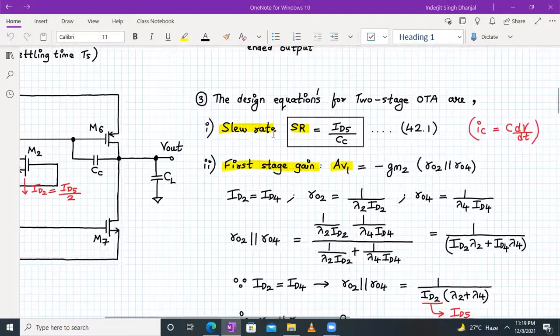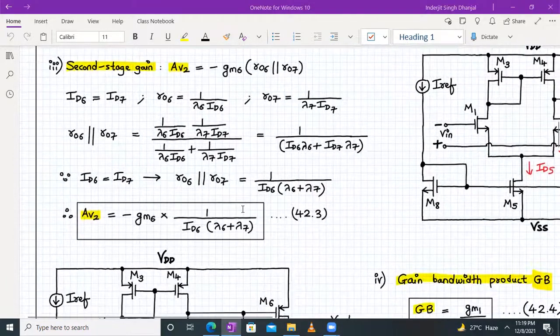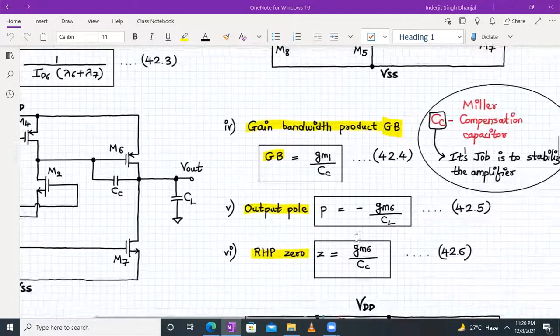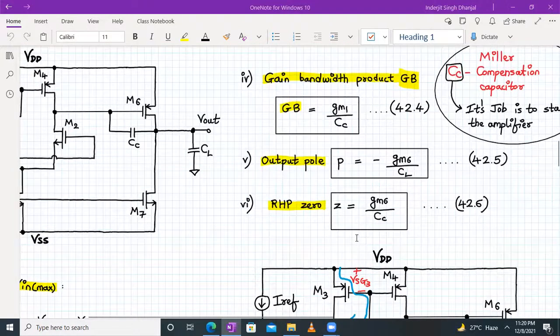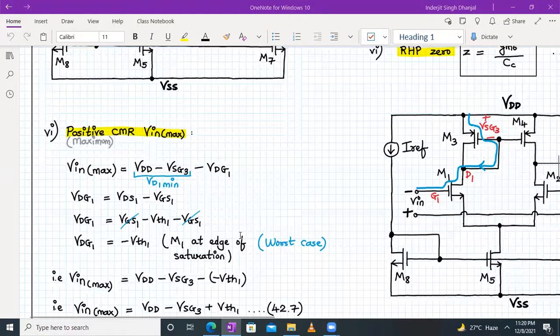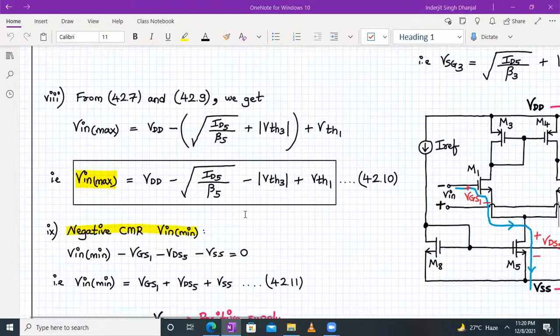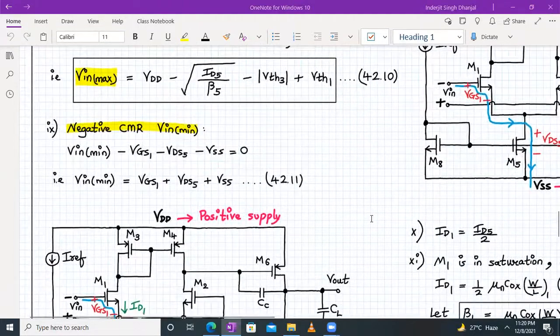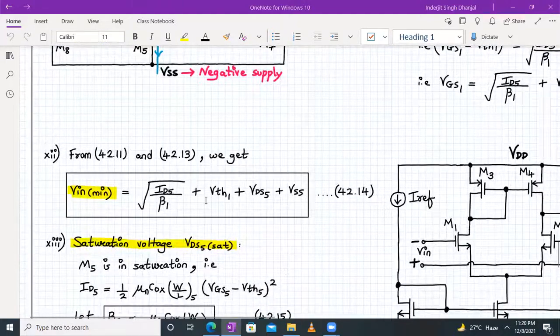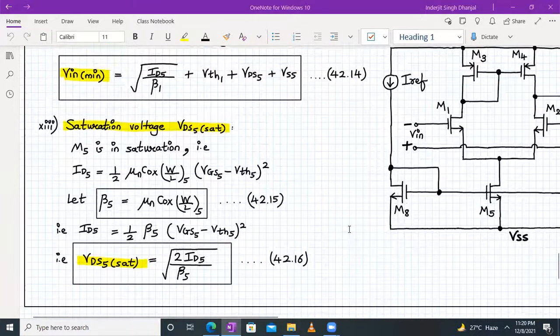First, we evaluated slew rate, then the first stage gain AV1, then we calculated the expression for AV2 in terms of currents and lambda value, then gain bandwidth product, output pole, RHP zero, then we calculated the positive CMR Vin max value. Then we calculated the negative CMR, that is Vin minimum value, and finally we got the design equation of VDS5 sat.